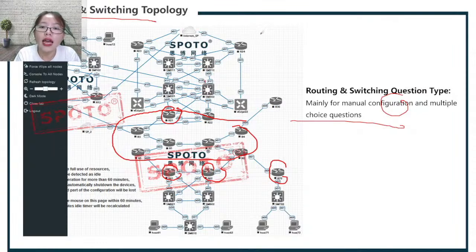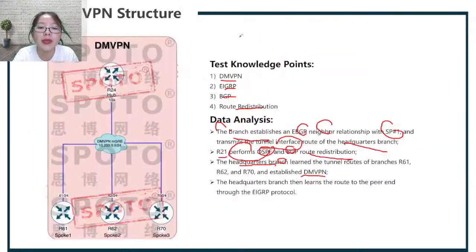Then the headquarter router 24 will learn the route, so they can establish the DMVPN.